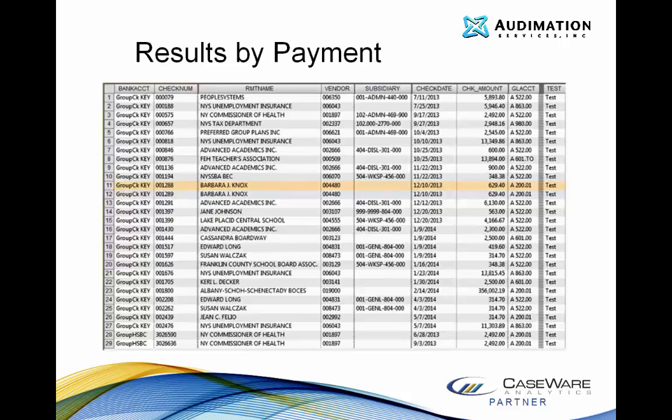I have used it on other districts where we found a number of payments that should have had POs and didn't. We reviewed it with the purchasing agent, and he looked at it and said, well, I don't know why we didn't. We'll change the policy and start working on that. In one instance, I had a district where the cafeteria wasn't using any purchasing agents.